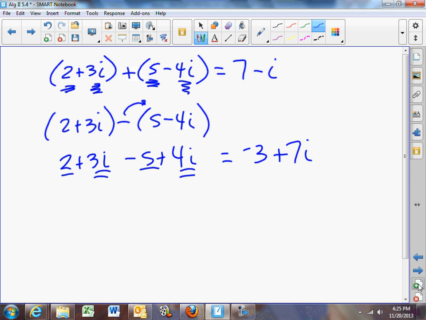And so when you subtract 5 minus 4i from 2 plus 3i, you get negative 3 plus 7i. I'm sure you're going to get plenty of chance to practice that. Okay, now, multiplying complex numbers.